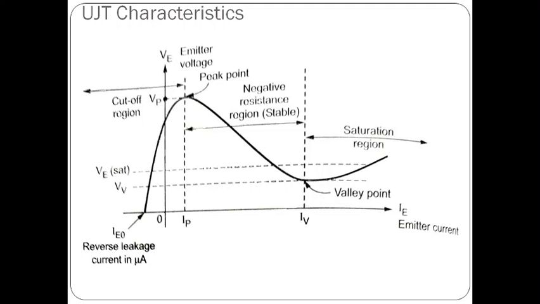So current IE increases, VE decreases, so we can say it is a negative resistance region.